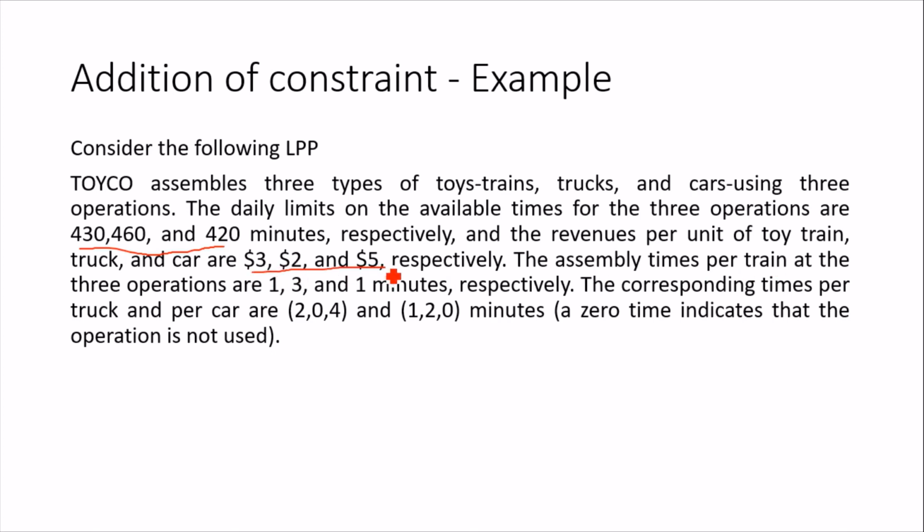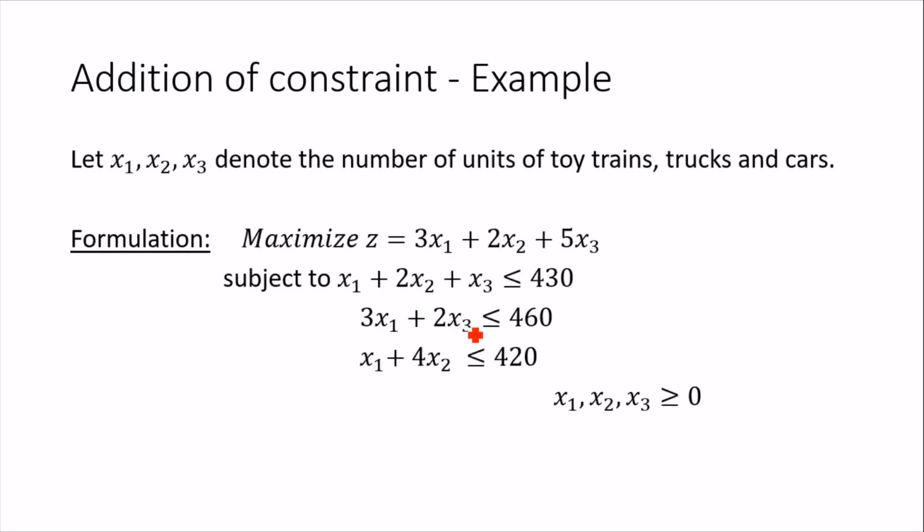This data will help us to formulate the constraints, so very easily we will be able to write the problem formulation. This is the LPP formulation. We have three variables which denote the number of units of toy trains, trucks and cars.